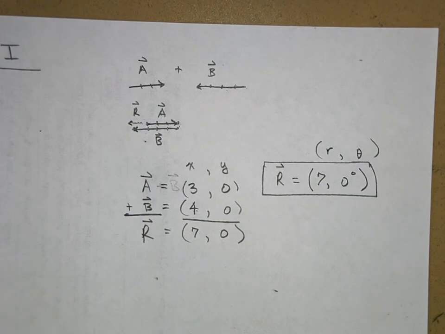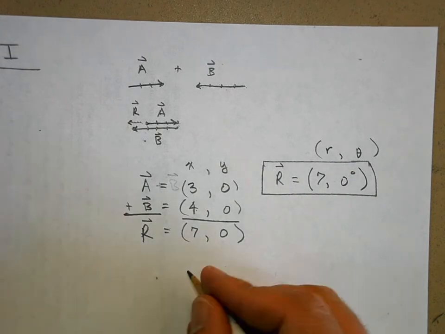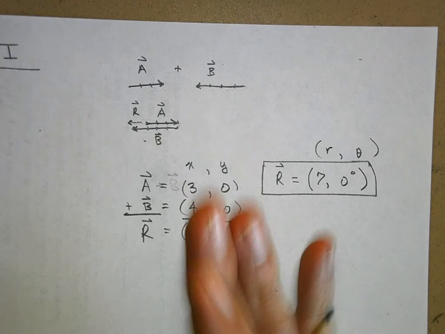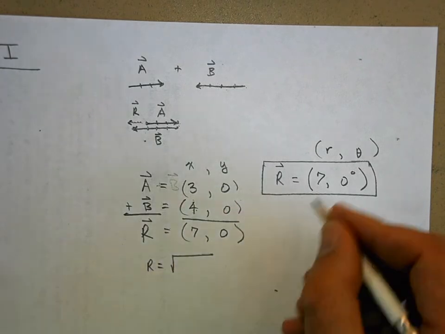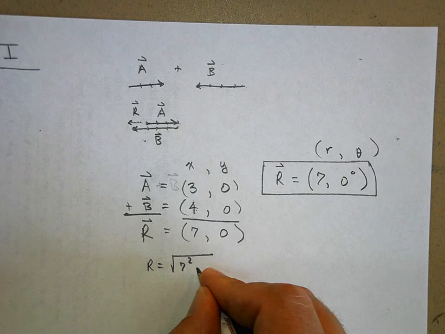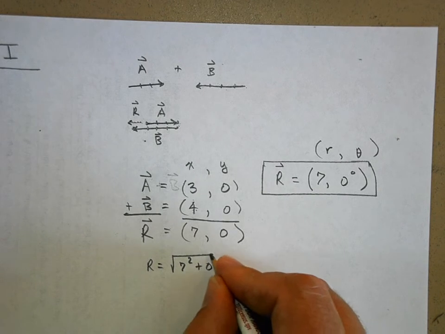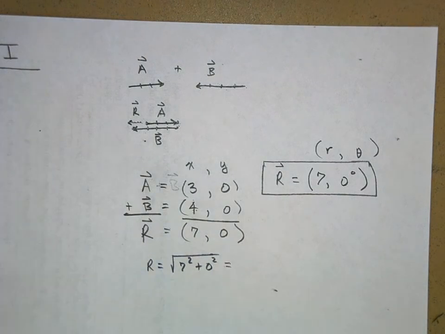Okay, but if you really wanted to be rigorous about it, if you want to get really ridiculous, you can say, all right, well, r is equal to the square root of the x component squared plus the y component squared, take the square root. Right? Pythagorean theorem.